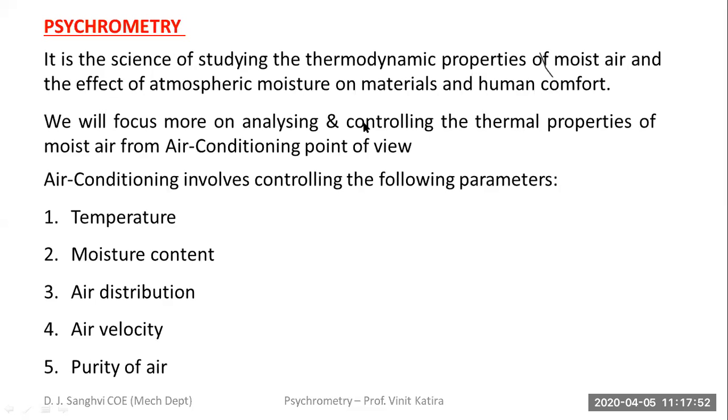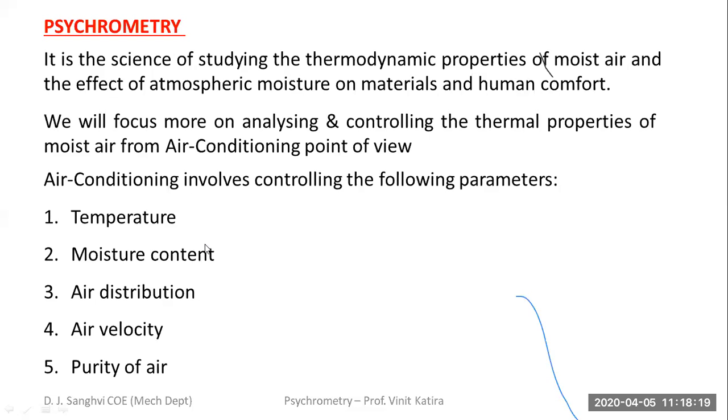Okay. So basically, as we have discussed before, air conditioning involves controlling the following parameters. The first one is temperature, that is the temperature of air surrounding any human being. That needs to be at a reasonable value so that the human body can reject the heat that is being generated inside.